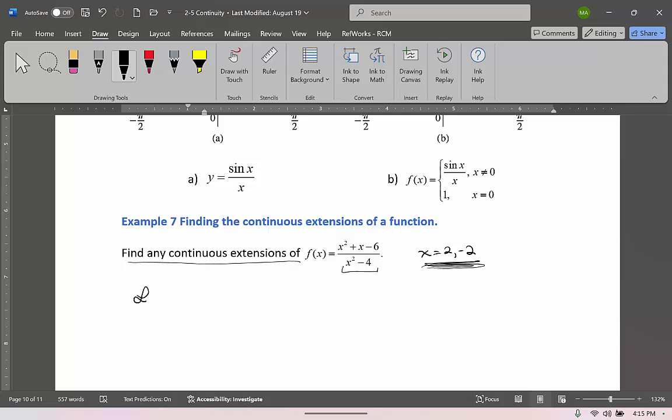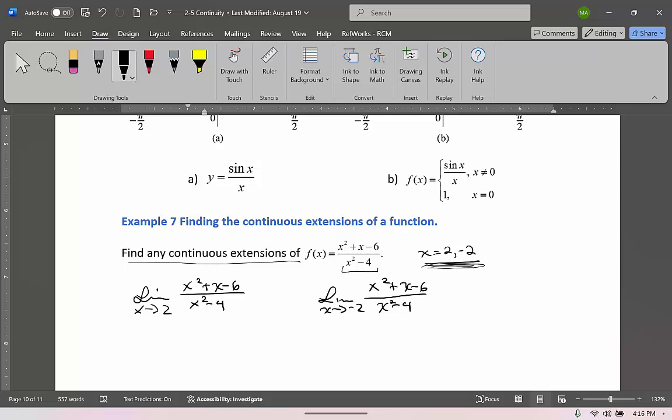So if I look at the limit as x approaches 2 of my function, and then I also look at the limit as x approaches negative 2 of this function, if either of these limits exist, then at that point we'll have a removable discontinuity.